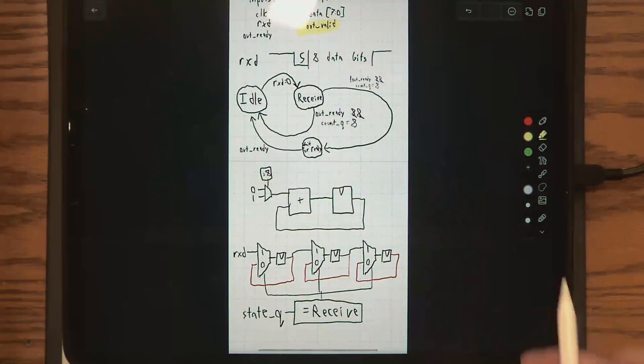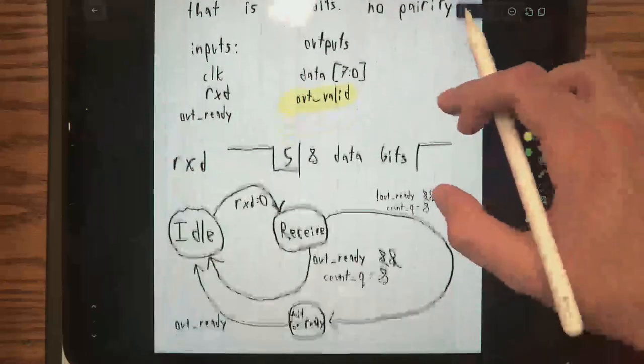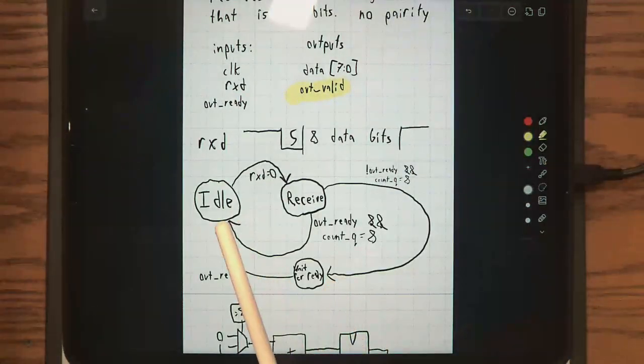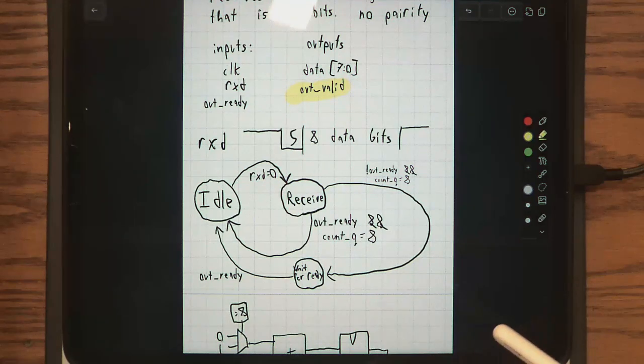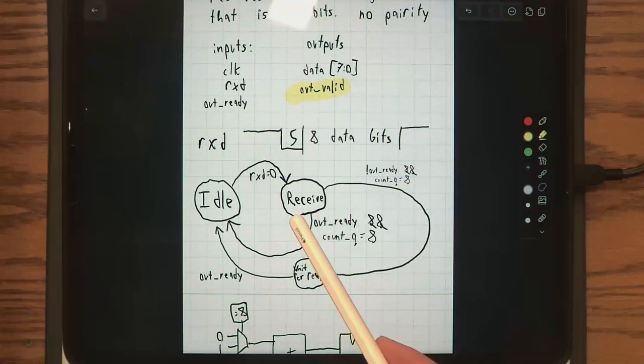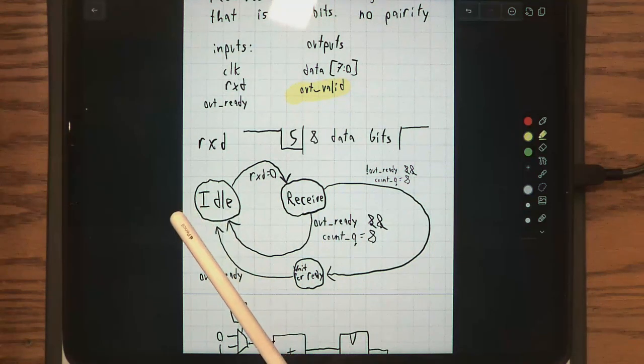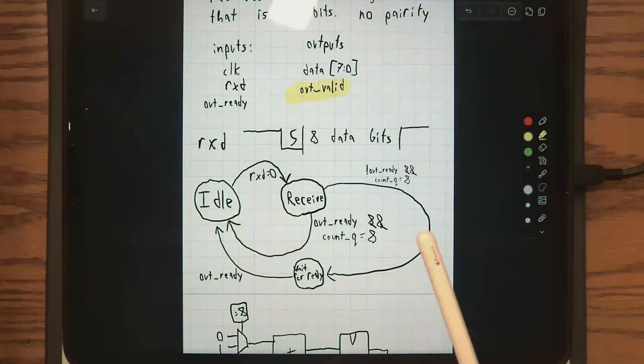Okay, so now I guess the final output is this out valid right here. So now we need to drive this out valid. So the question is, how do we drive this out valid according to the state machine? In other words, when is our output valid? So it's not necessarily in idle, because the whole idea is that when out is ready, that is when data flow should occur.